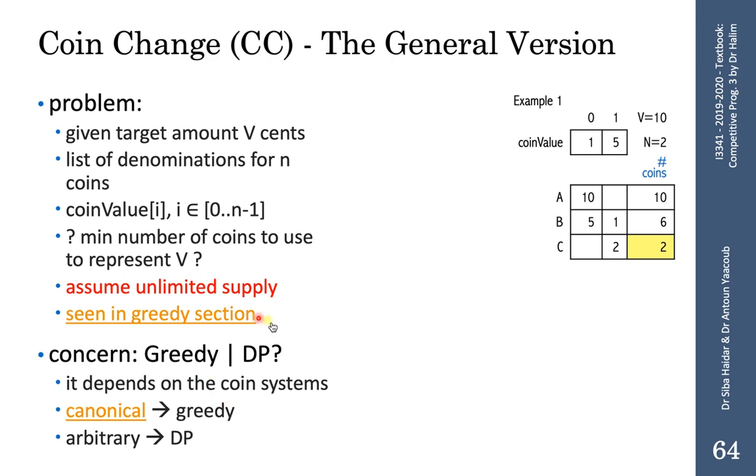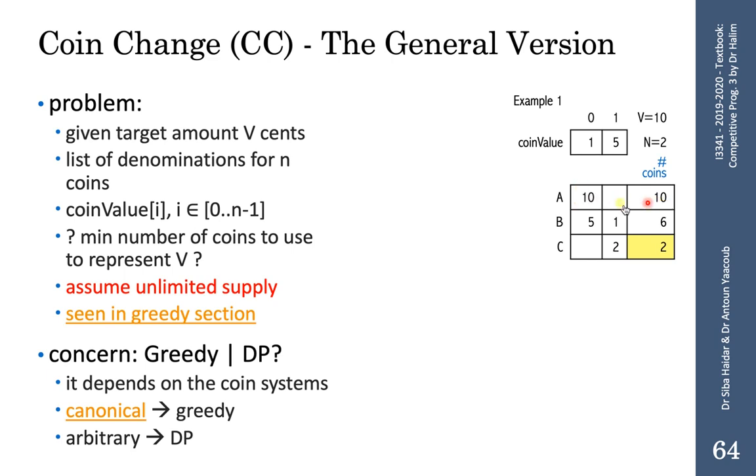So let's take an example in order to understand what's happening. Suppose we only have a coin system of 2 coins, so n equals 2, and the coin values are 1 and 5. And we want to represent the target amount V, which is 10. Knowing that there is an unlimited supply, you can either take 10 pieces of the coin value 1.